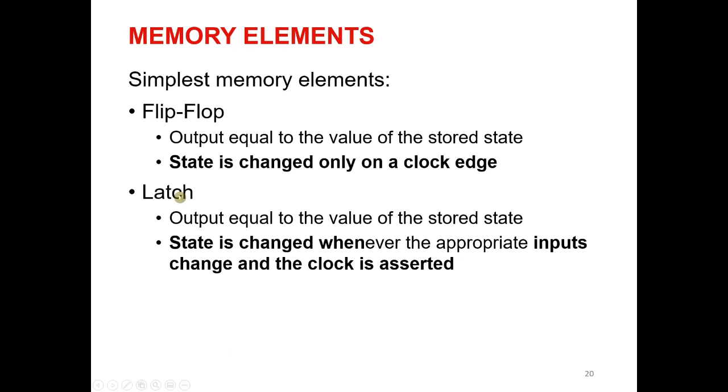The difference with a latch is that in the latch, the state can be changed at any time. Whenever the clock is asserted, which means whenever the clock goes up, the input can change. It doesn't matter if that change in the clock is on the edge of a clock cycle. It can be anywhere. So a flip-flop only changes on a clock edge, and the latch changes whenever the clock changes from 0 to 1.